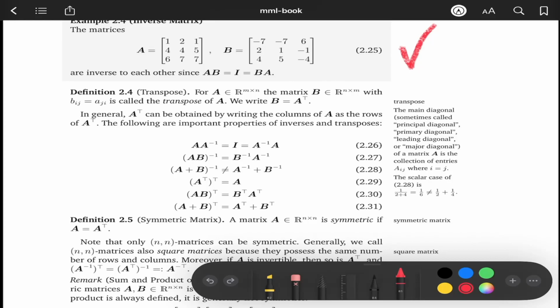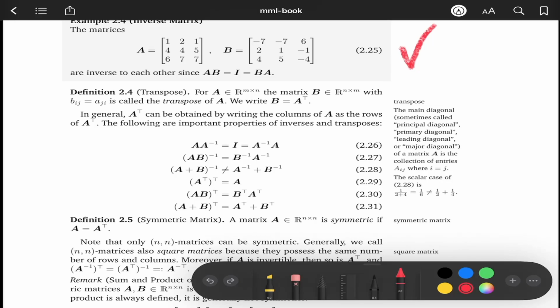Again, for A, the matrix B with B_ij equals A_ji, so it's kind of reversed, is called the transpose of A. We write B equals A transpose. In general, A transpose can be obtained by writing the columns of A as the rows of A transpose. The following are important properties of inverses and transposes.